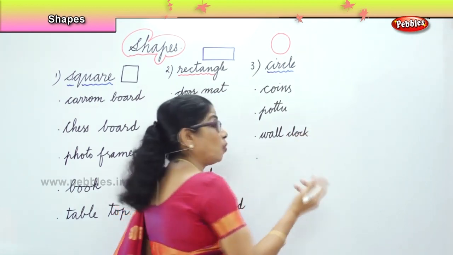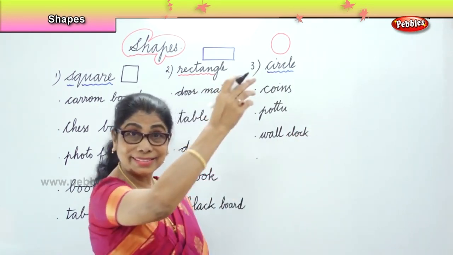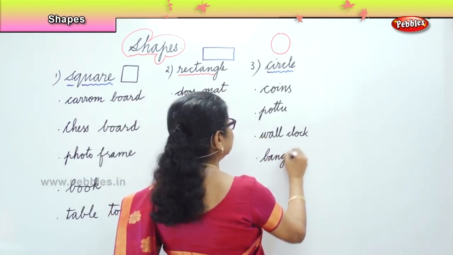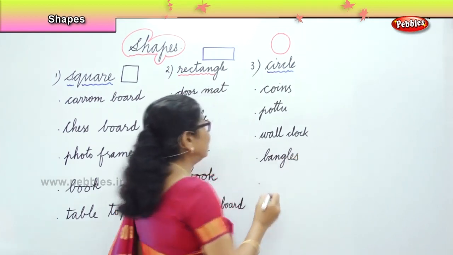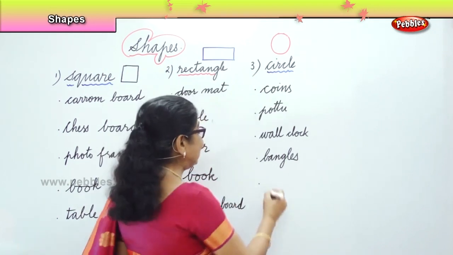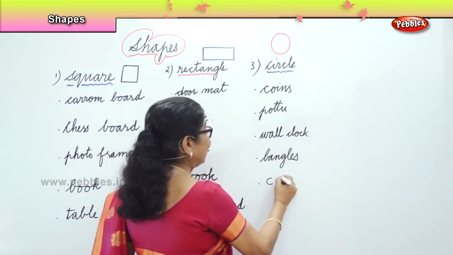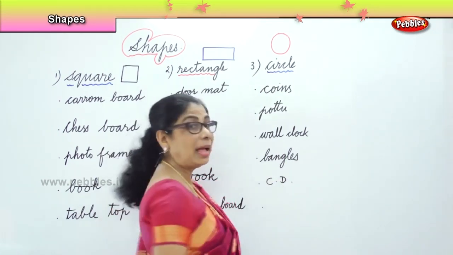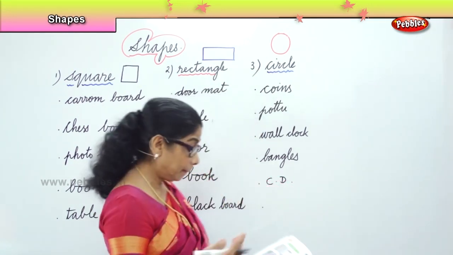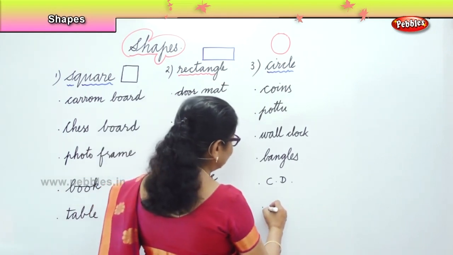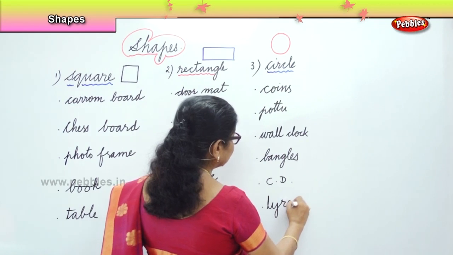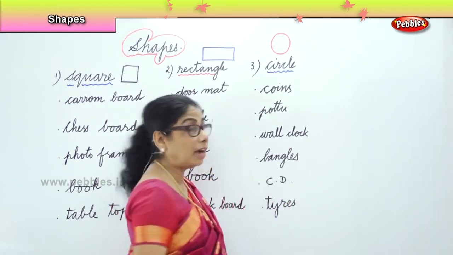Your watch, your wall clock. Bangles. Your bangles. That is circular in shape. What else? A disc, the CD. The CDs are in circular shape, and sometimes bottle covers. What is it? The tires, cycle tires. What about the bottle covers, etc.?